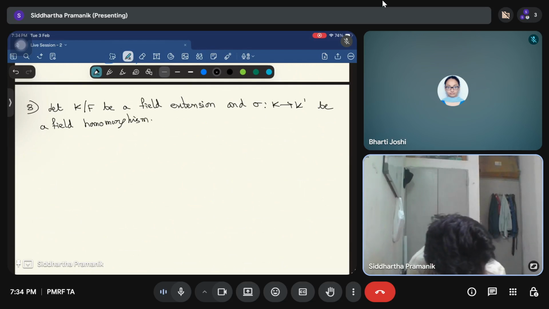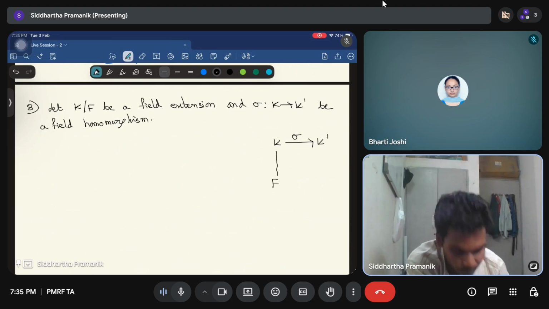So this is a field extension, this is a field homomorphism. Let me draw the picture here. Here you have K and here you have K prime. This is the map sigma. And here you have the extension F.